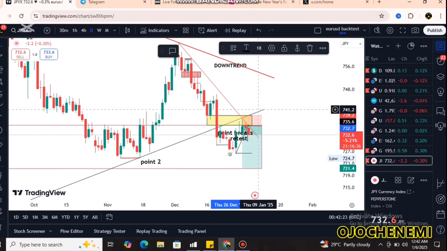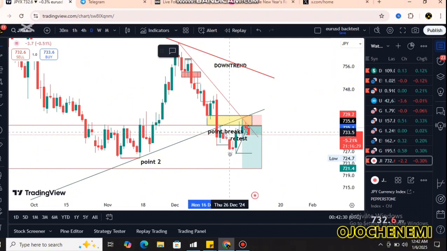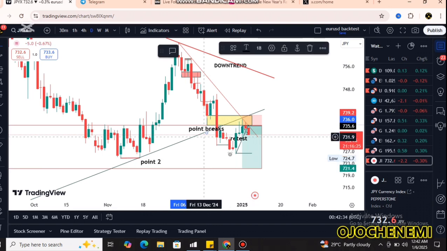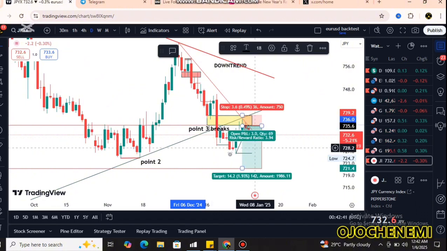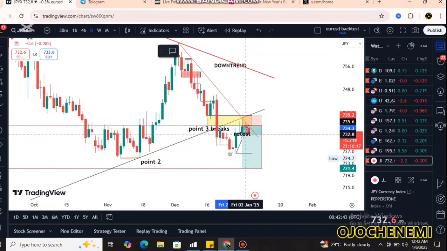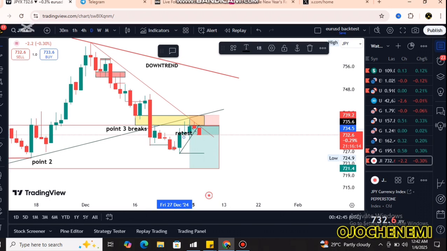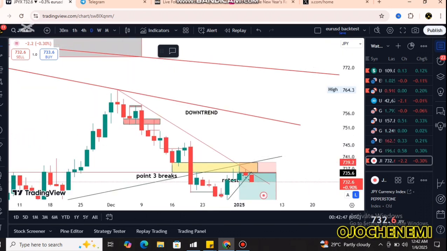So let me put this point 3 break. Let me zoom in a bit so you can see. Okay, so this is my retest.